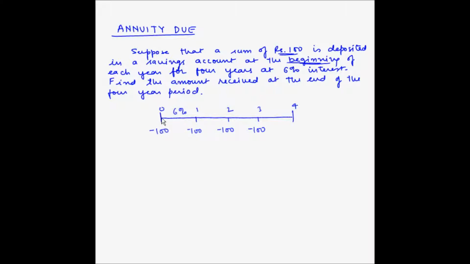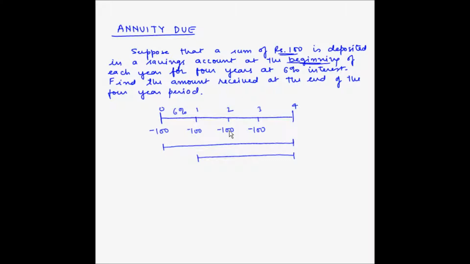So now this amount which has been deposited at the beginning of the first year will accumulate compound interest for the next 4 years. This amount of 100 rupees deposited at the beginning of the second year will accumulate compound interest for the remaining 3 years.